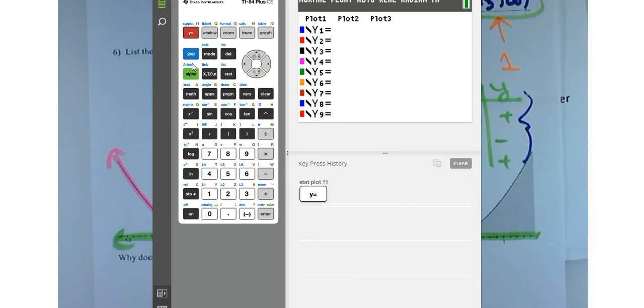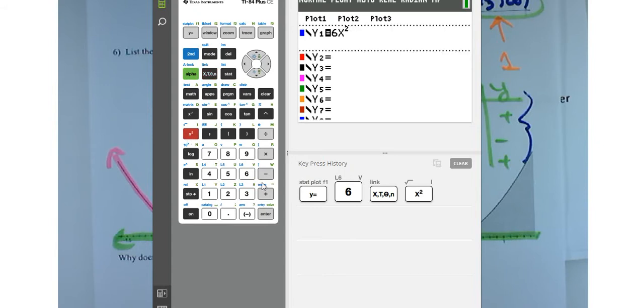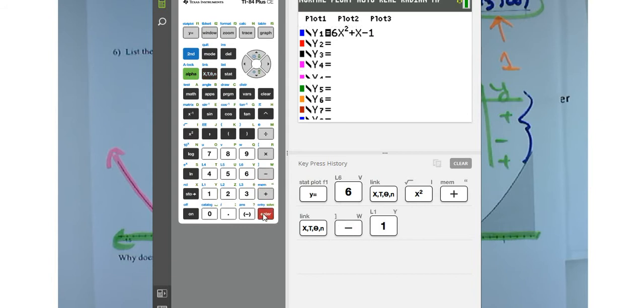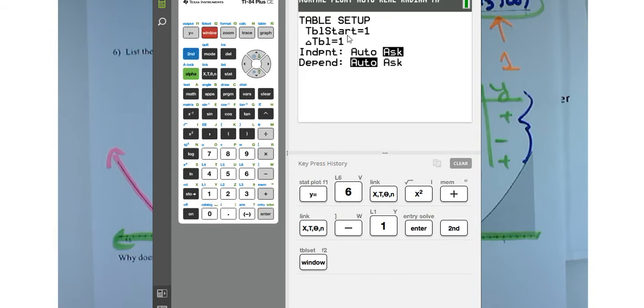Take out your calculators. Let's plug in 6x squared plus x minus 1. Now for these types of problems, it's important to have your calculator set up the right way. So let me go over that with you. You're going to hit the second key, then the table set key.